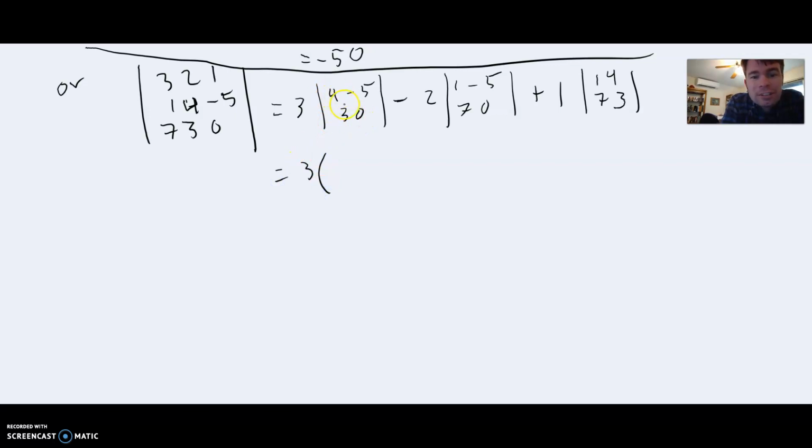That's going to be 4 times 0, that's 0, minus negative 15. That's going to be a positive 15 in there. Minus 2, there's another 0. Plus 35, okay, plus 1, and that's going to be 3 minus 28.